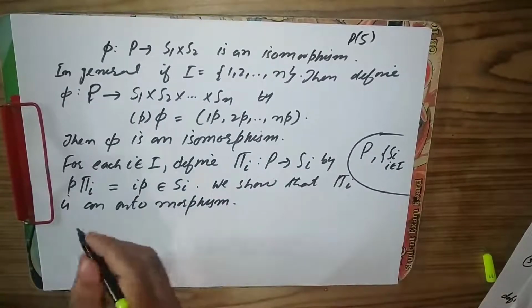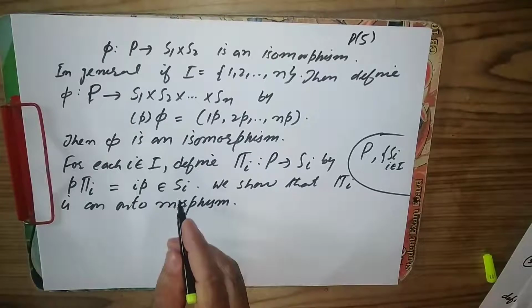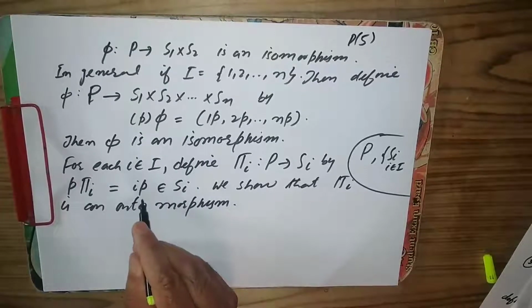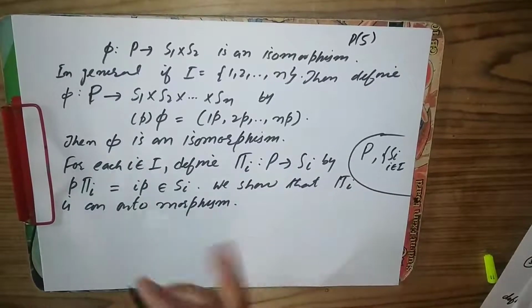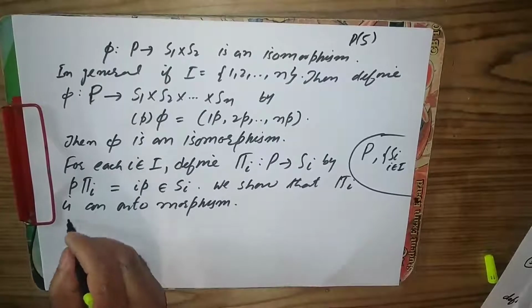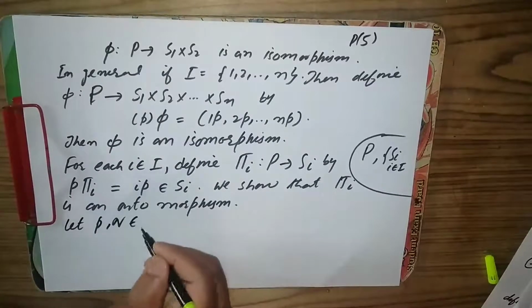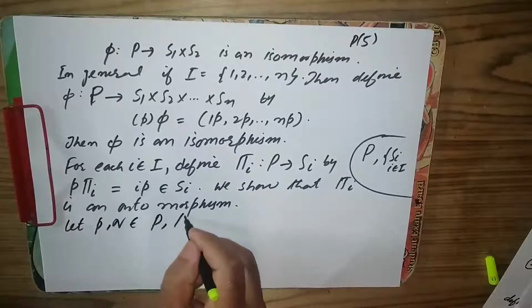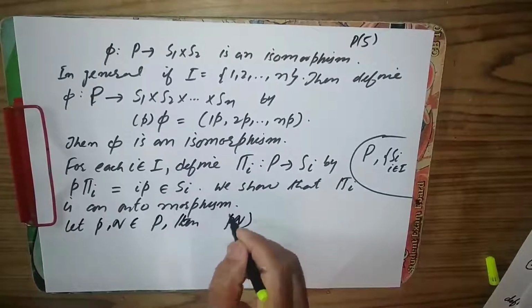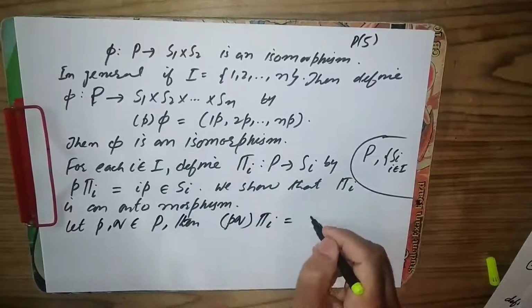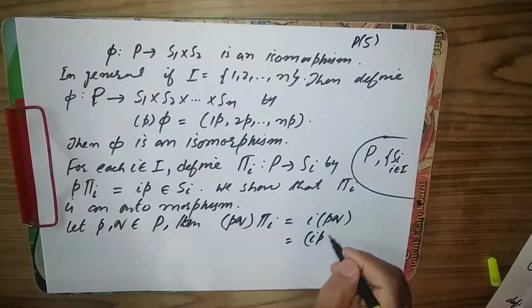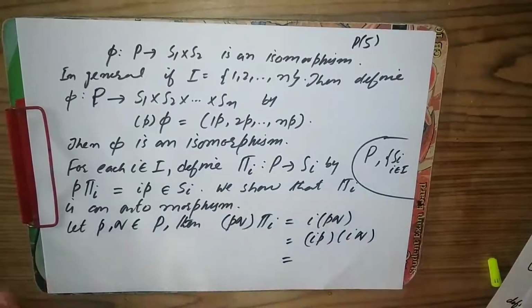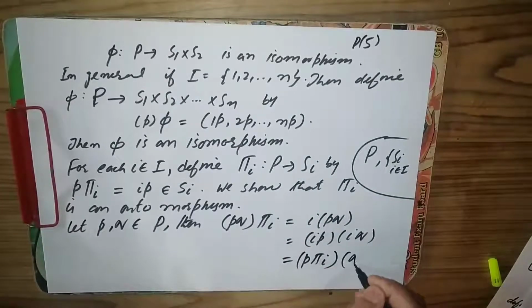So first check it's a morphism, and onto is trivial because for each element in Si I can find p such that ip is equal to that element of Si. That's trivial. So just prove morphism. So let p, q belong to P, then pq pi i, by definition it's equal to i of pq, and by the definition of the product in P it's ip iq, and again by definition of pi i it is p pi i q pi i.